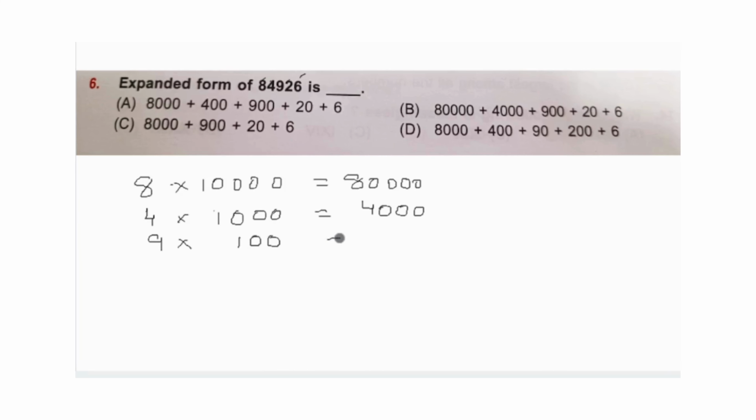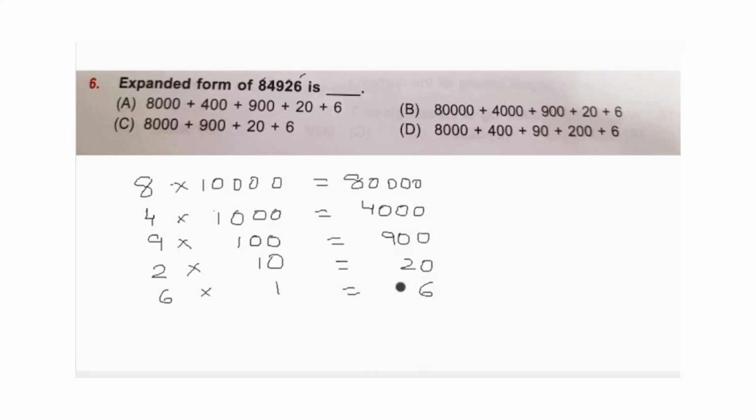So 9 multiplied by 100 is 900. Now let's look at the place value of 2. It's in the tens place. So 2 times 10 gives us 20. And lastly, the place value of 6. 6 is in the ones place, which is 1, which gives us 6.